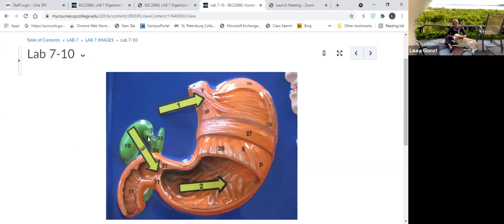So 32 is the cystic duct, 33 is the common hepatic duct, and where they merge, because they're all heading now down inferiorly, behind that pyloric sphincter to the pancreas, we now have the common bile duct.